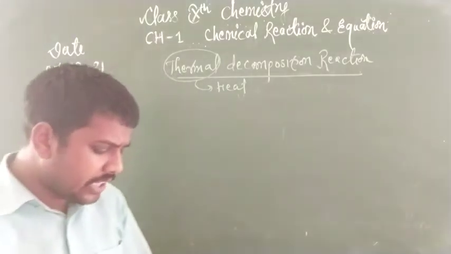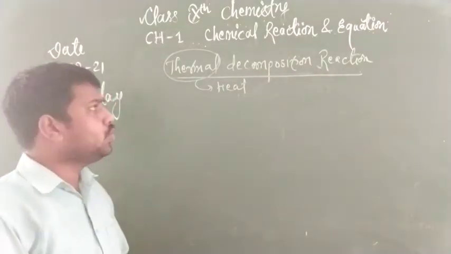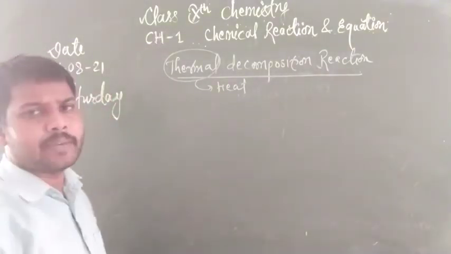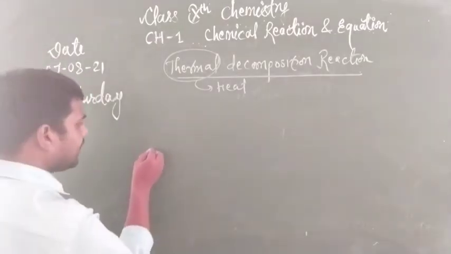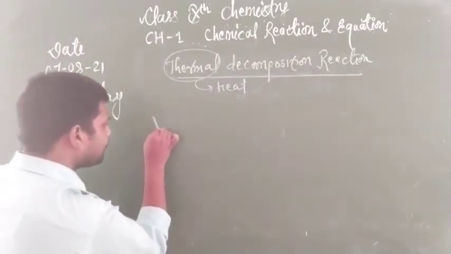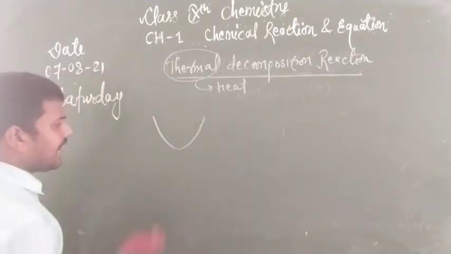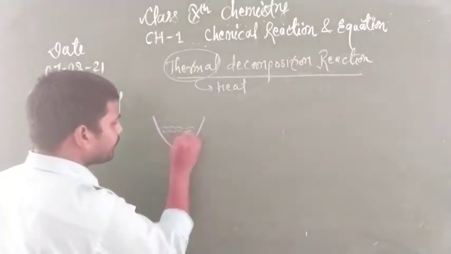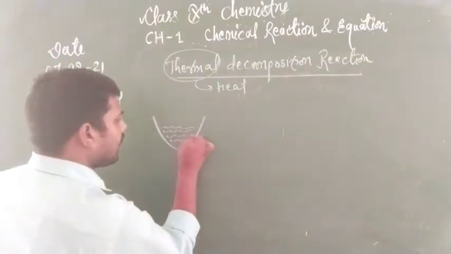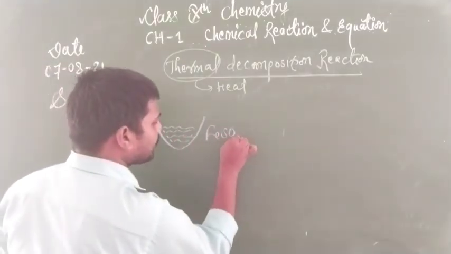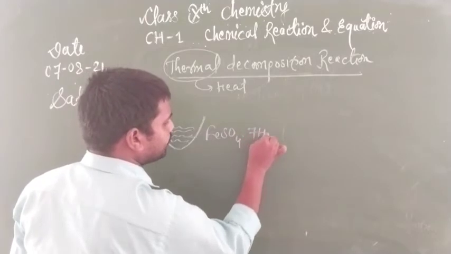Okay? So let us do an activity to understand this concept very clearly. Now, in this China dish, children, I have taken ferrous sulfate crystal, FeSO4.7H2O.